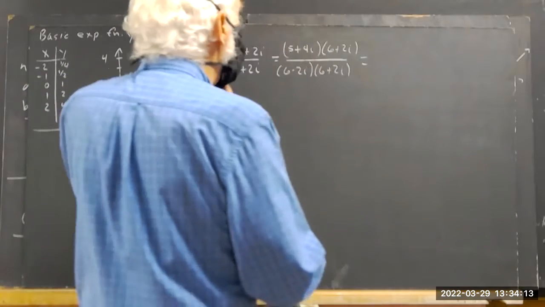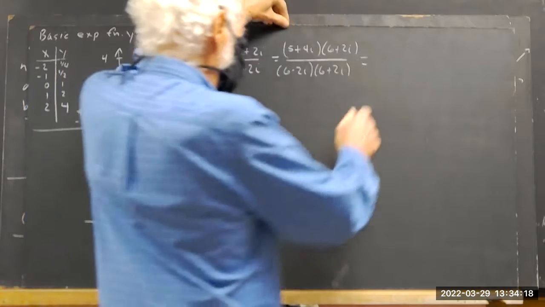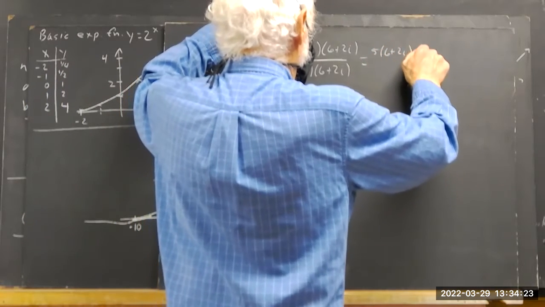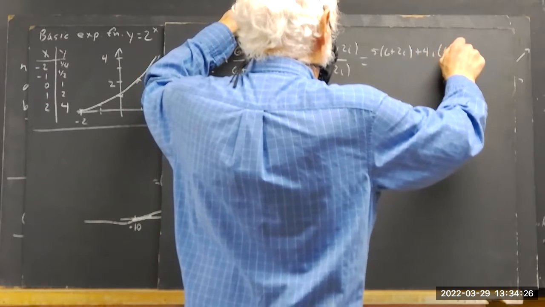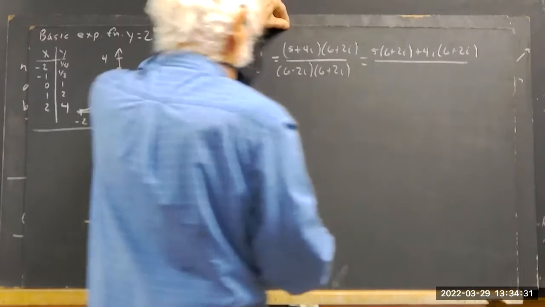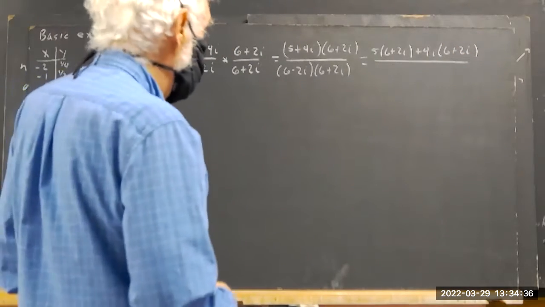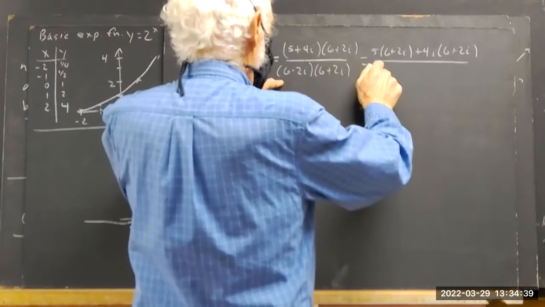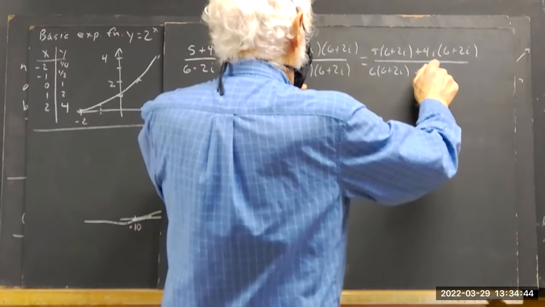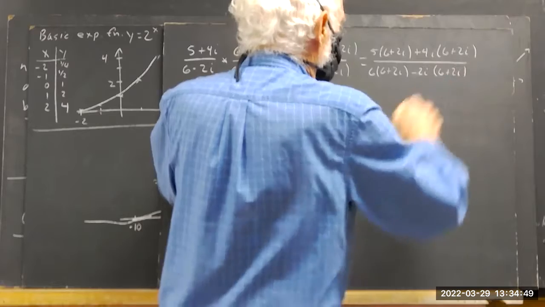Now, there might be something to it after you write it out, and there is here. If I multiply this out using the distributive law, that's 5 times (6 plus 2i) plus 4i times (6 plus 2i). And in the denominator, you're going to have 6 times (6 plus 2i) minus 2i times (6 plus 2i).